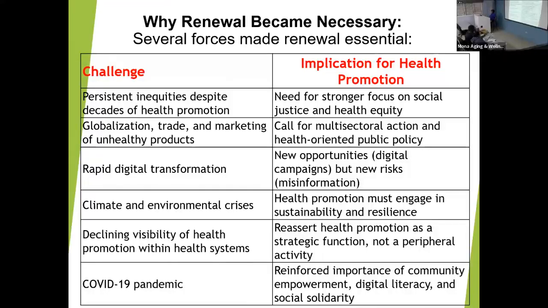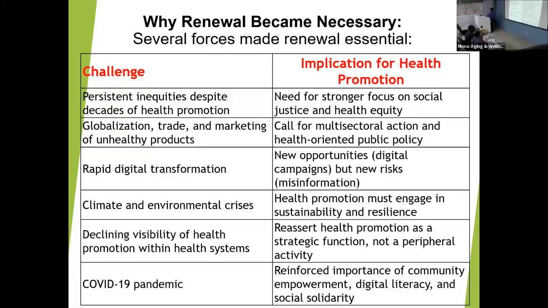We can look at persistent inequities despite decades of health promotion. So though health promotion has been around for so many years, and a lot of work has been invested in it, we do still have some problems because there's a need for a stronger focus on social justice and health equity. And even though you have the health promotion practitioners, we are not operating in silo.